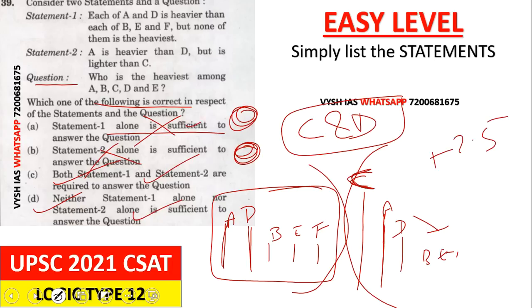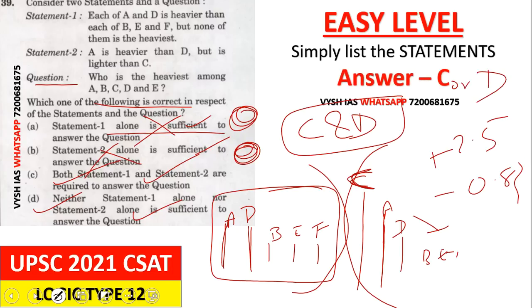But if you have marked A or B, you will get minus 0.83, whatever the negative marking per question is, 1/3 of 2.5. So this is what I'm telling: sometimes UPSC can make a mistake. Here we have found that mistake, and they have also accepted it and put both answers as correct. Our answer is C, but C or D is also possible.